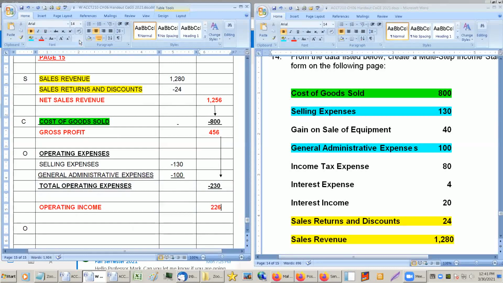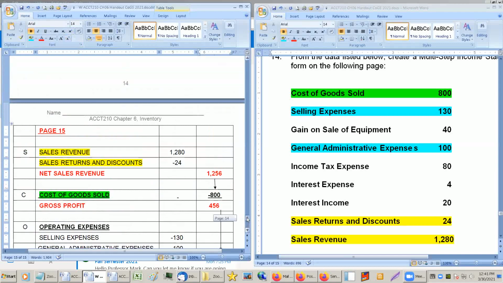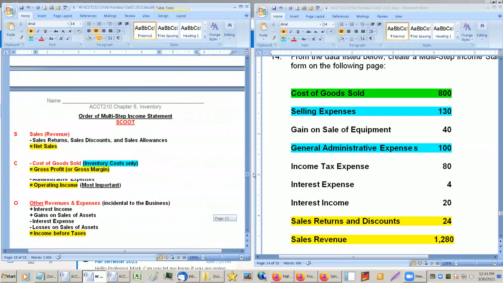And again, I'm just going to copy that rectangle thing I had up here.